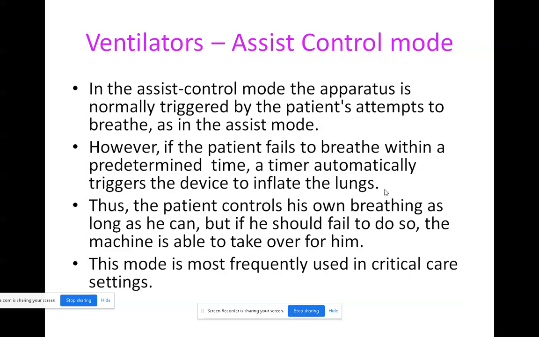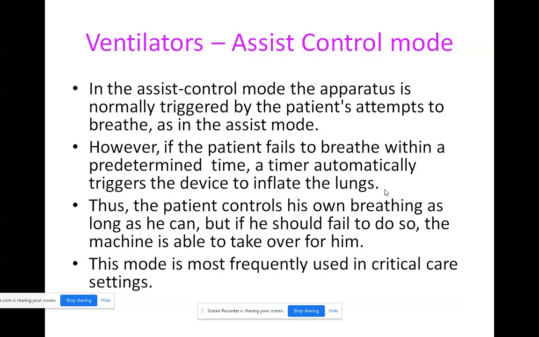So the setup for triggering purposes is the same as in assist mode. But whenever the patient fails to breathe, the timer automatically calculates and automatically triggers. In assist mode, the patient will be triggering the device, but here the timer will be used for triggering the device.